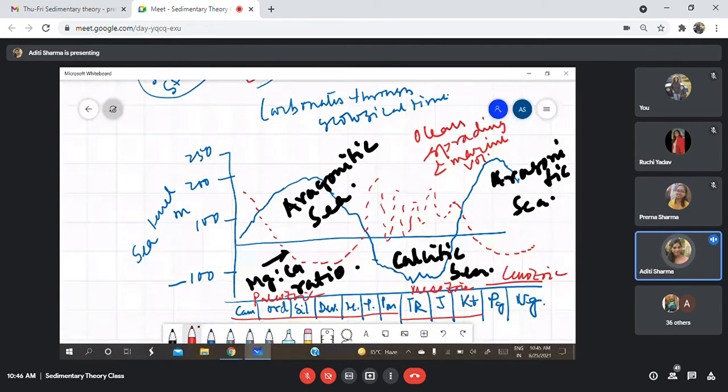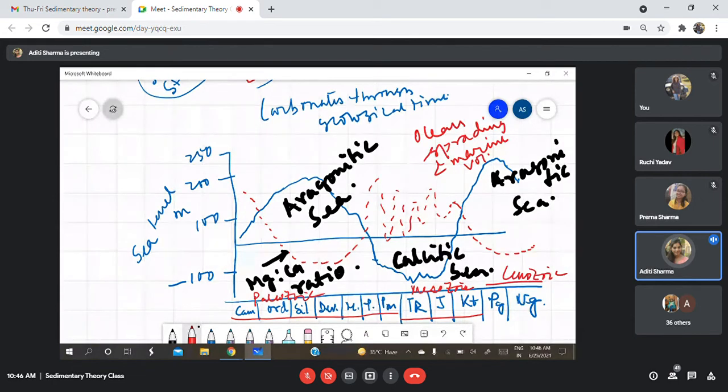The Mg in the seawater is preferentially used for the serpentinization of the basalt at the mid-oceanic ridge, and that basically decreases the Mg to Ca ratio. You can see a decrease.